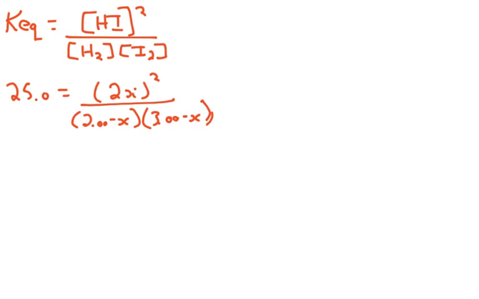Now, unlike the last example, we can't just square the whole right side because our brackets are not identical. It creates a level of complication, just one extra step, one more thing mathematically we'll have to do. So how do we deal with that? Well, we will have to FOIL out the bottom of this fraction. Before we do that, might as well do 2x squared on top, means 2x times 2x, so 4x squared.